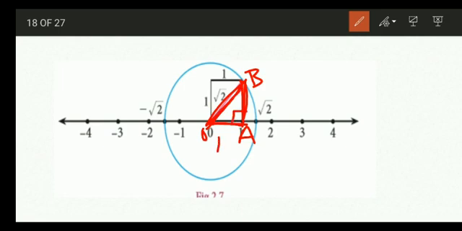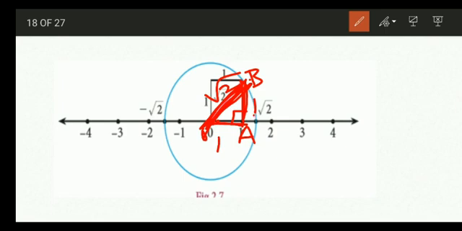Here OA is 1 unit and AB is also 1 unit. So what will be the length of OB? Since we have a right angle triangle, by Pythagoras theorem we know that the length OB is root 2. Take this length in your compass, and with O as center and radius OB, draw a circle.